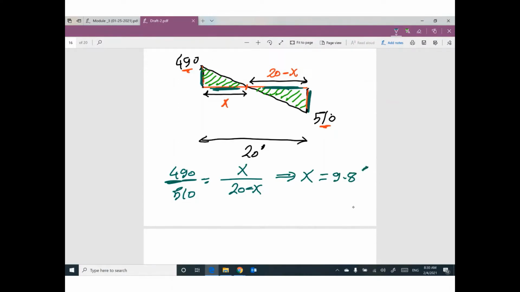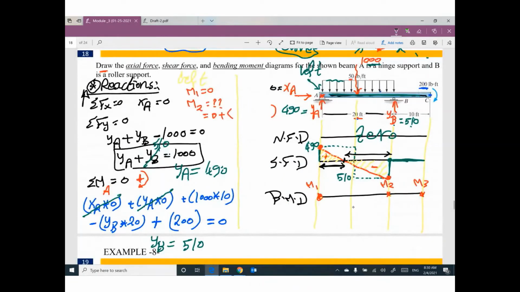So this distance equals 9.8. That means this distance equals 10.2.